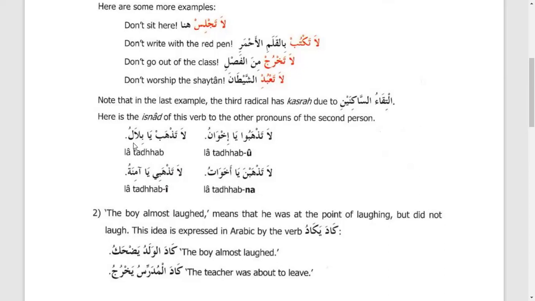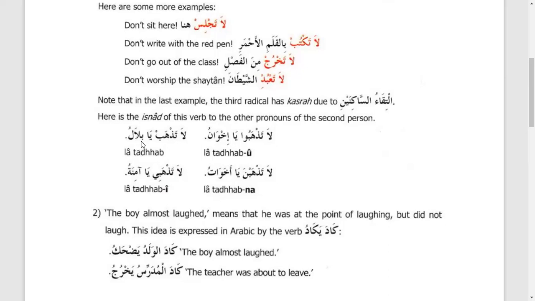But we cannot make it mansoob because of ya. So we cannot say la tadhhab ya bilala. No, we cannot change it because it has its own restriction. The grammar has its own restrictions where some things are certain and fixed and we cannot change them. So that's why it will always be la tadhhab ya bilalu. But we will say ya bilalu is mansoob. How is it mansoob? It is in the place of nasb.